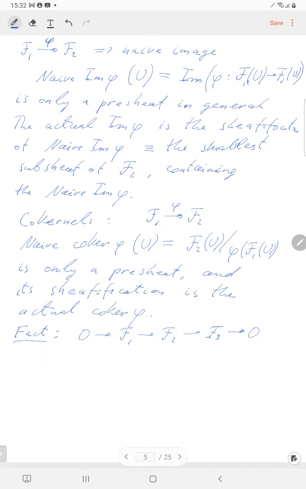This means that, say D1, D2, D1 is an embedding, and D2 is a surjection, and the image of D1 equals the kernel of D2. Hopefully, you heard this many times already. So this holds if and only if for any point the induced sequence of stalks is also exact.